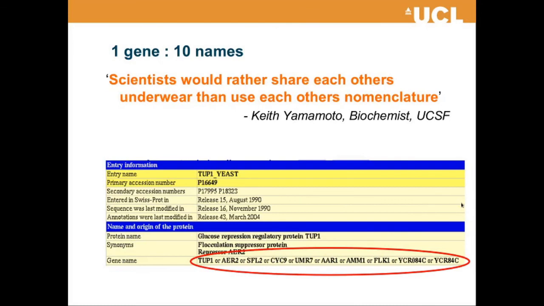Now these are somewhat old slides, but they indicate some of the problems that we can get. So in this first case, there is one gene and one protein product, but 10 different names for it. And Keith Yamamoto from UCSF has said scientists would rather share each other's underwear than use each other's nomenclature.